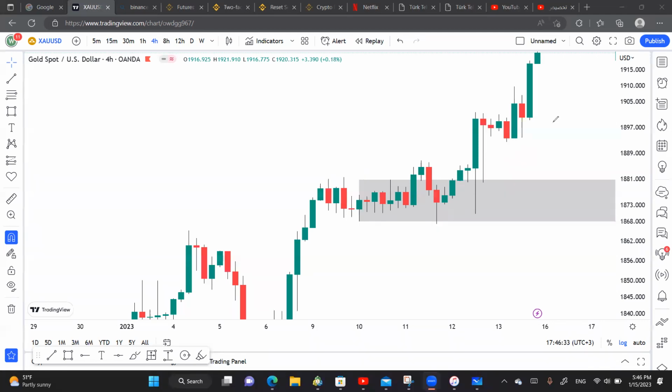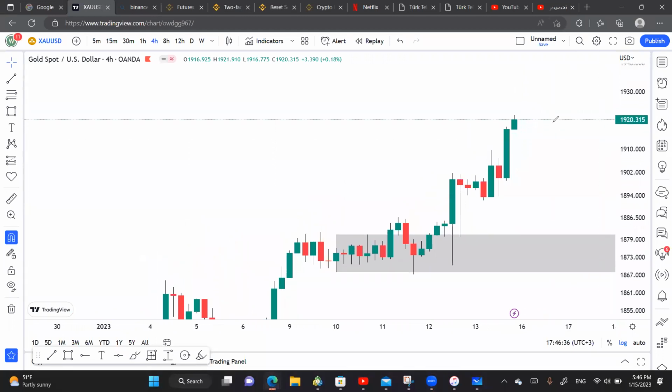Okay. Now the price, this is the 4 hour. The price has consolidated here as well, gone up, but as you can see here, similar behavior. Now the price either will consolidate here, dip down to test this level maybe, or test the extreme level, which is the demand zone.